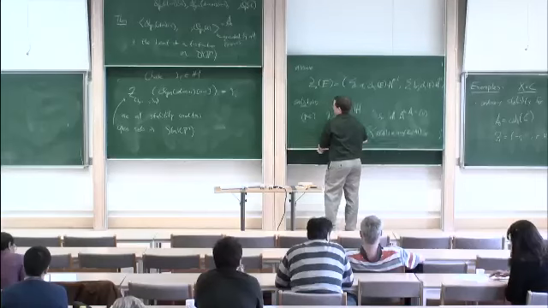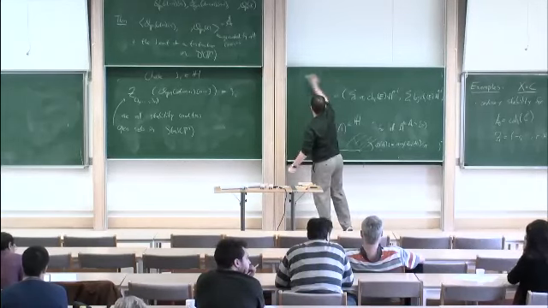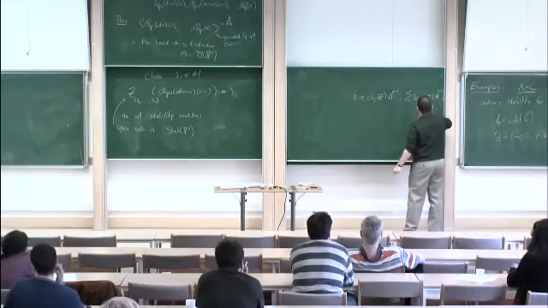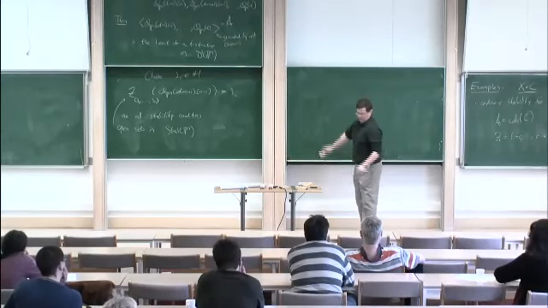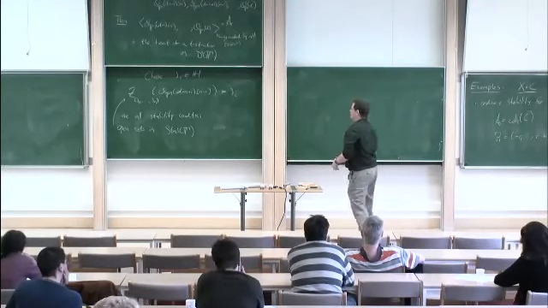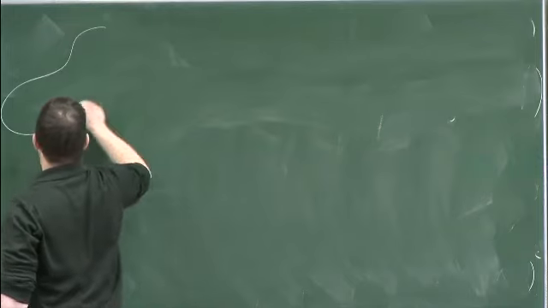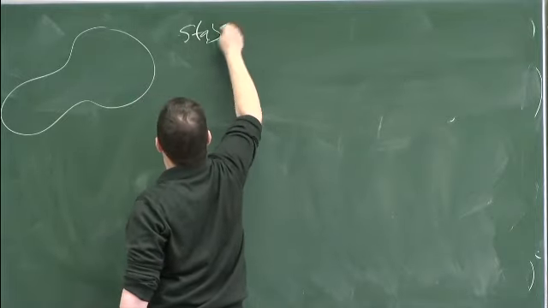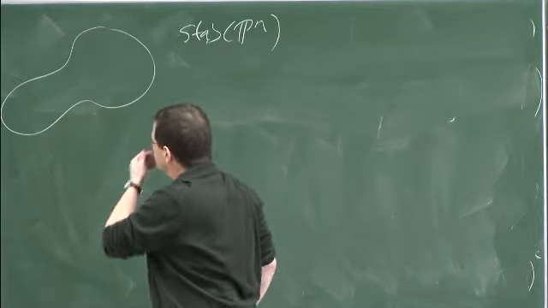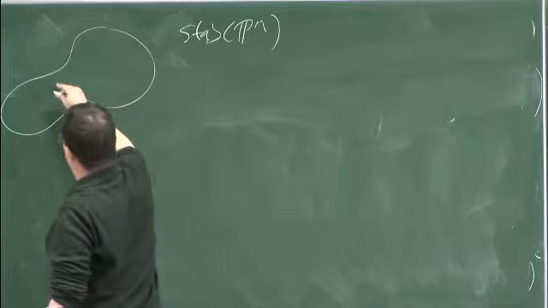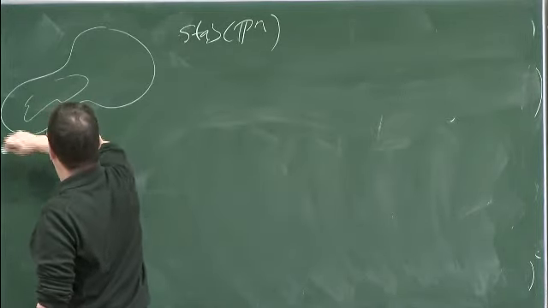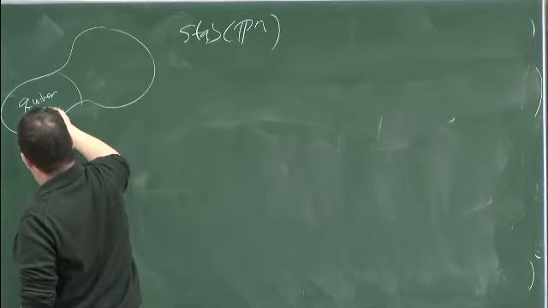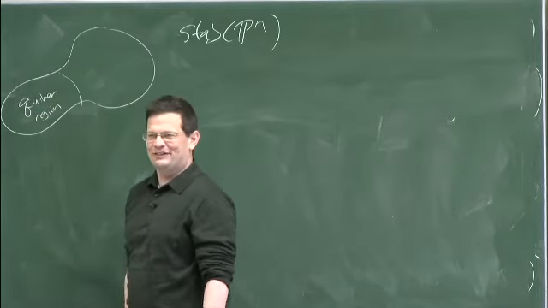In fact, let me draw a little picture, and advertise some work of some colleagues of mine. So if I look at the stability manifold for Pn, I can talk about the quiver region, or the quivery region.